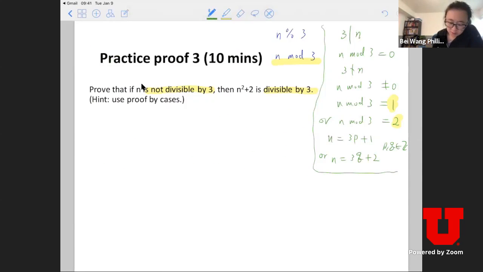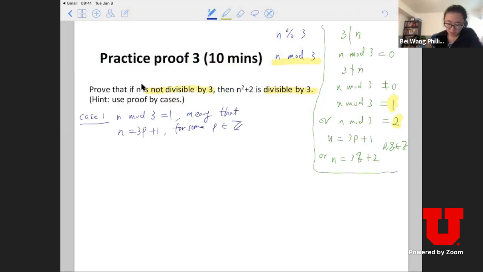So now let's write it more precisely. What are the cases? If I'm looking at a hypothesis, n is not divisible by 3, that means it either has a remainder of 1 or remainder of 2 when it's mod 3. So I have two cases. Case number 1, n mod 3 equal to 1, meaning that n is equal to 3 times p plus 1 for some integer p.